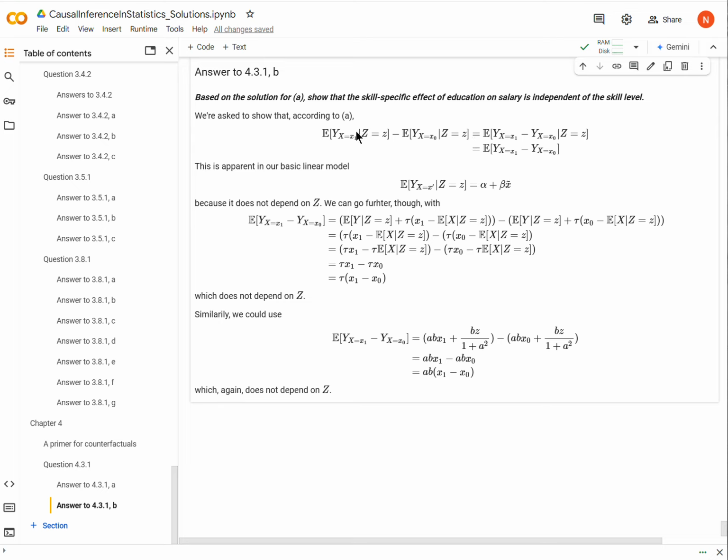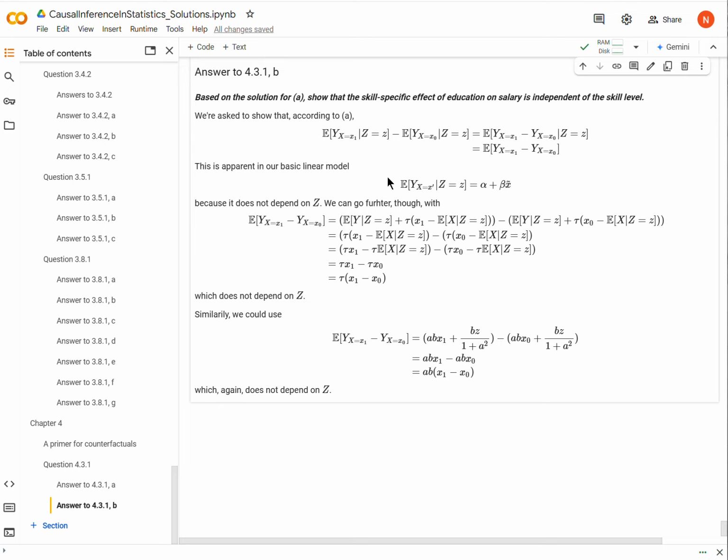So this is the skill-specific effect, right? It is the effect of changing x from x naught to x1 in cases where z equals z, the z-specific effect. So we could rewrite this as this, and we're meant to show that this equals this, where we could just drop the conditioning on z.